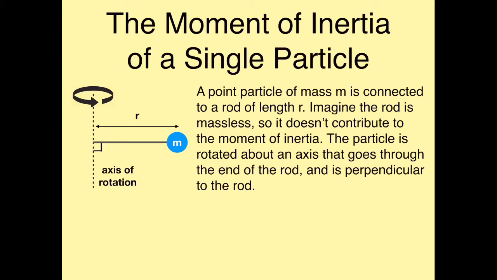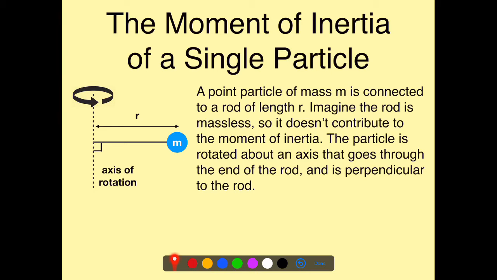So we have a point particle that has a mass of m connected to a rod with a length of r. So that's the mass, and that's the rod right there. The length of that rod is r. We're going to imagine that the rod itself is massless, so it's not going to contribute to the moment of inertia. It's only going to be the particle that we have to think about.